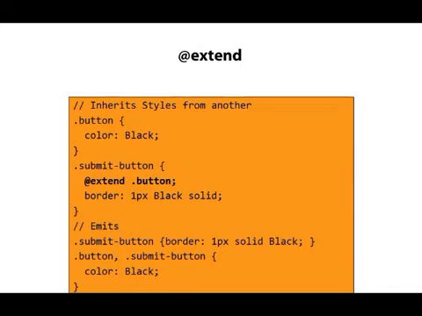So this is going to emit submit button that has a border based on what we wrote, and then you'll notice that it's then emitting a rule for both button and submit button that both use that color black. So instead of embedding it into the second one, it actually did this correct CSS thing, which was let's create a rule for both the button and the submit button since they share that anyway.